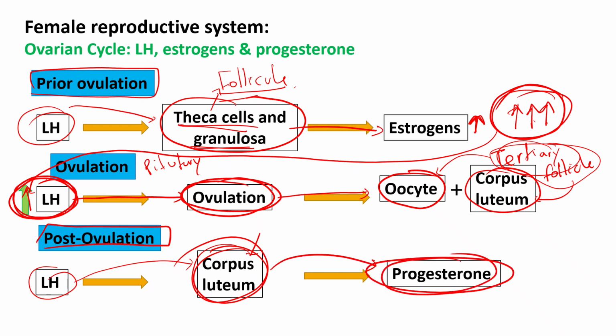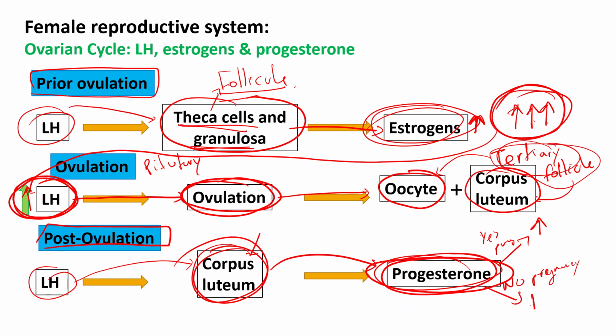So see how now the hormone is no longer estrogen but progesterone. If pregnancy occurs, it will stay high. If no pregnancy, they will drop, and when they drop, that will trigger menses in the uterus.